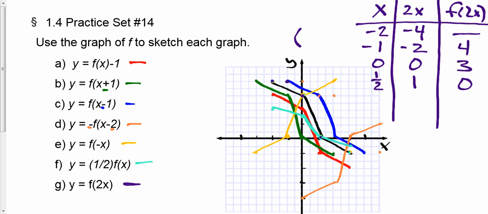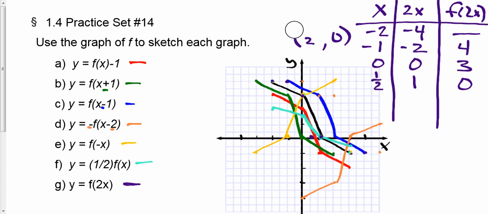I want to take this spot and move it right here. So there's my next point, right there. And then lastly, I want to analyze that point right there.